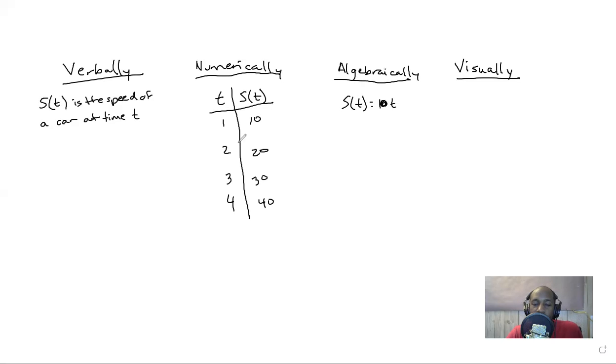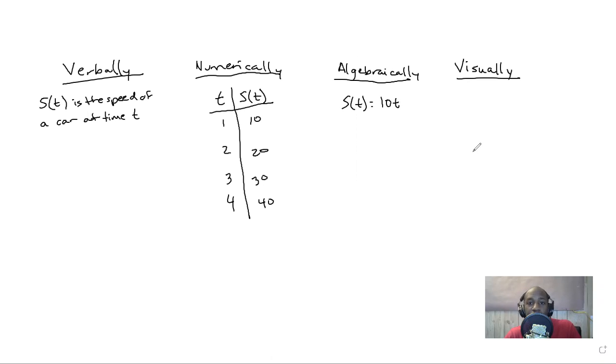When t equals 2, S of t is t times 10 again. When t equals 3, S of t is 10 times t again, you see? So that's how I knew that S of t is 10t. I made this perfect little function to make it easy for me. So hopefully it's being illustrated well on your end.